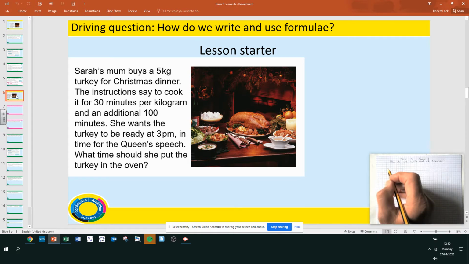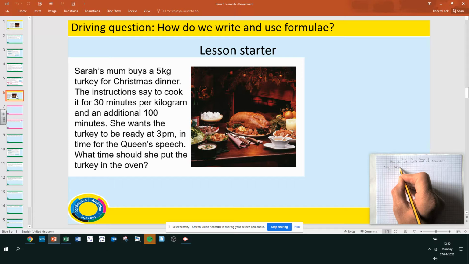So we have a 5 kilogram bird, and we know we need to cook it 30 minutes per kilo. So 5 times 30 equals 150 minutes. We know we're going to cook it for an extra 100 minutes.